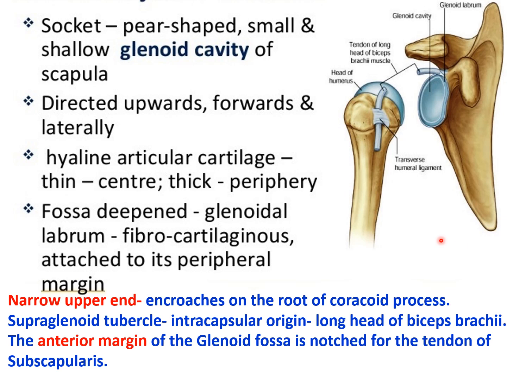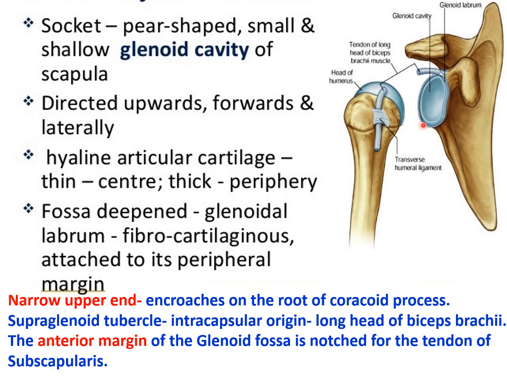Now the socket. It is a pear-shaped, small and shallow glenoid cavity of the scapula, which is directed forwards, upwards and laterally. The hyaline cartilage lining the glenoid cavity is thin in the center and thick at the periphery, just the opposite of the hyaline cartilage lining the head of the humerus.